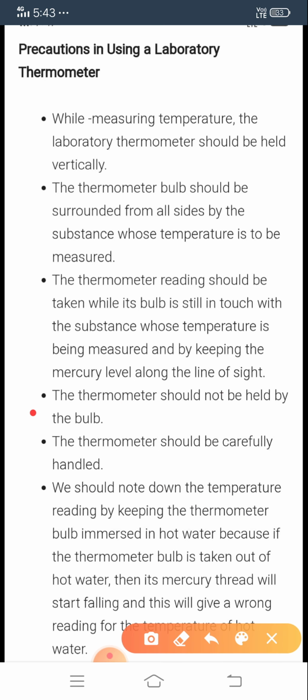Next one, the thermometer should not be held by the bulb.